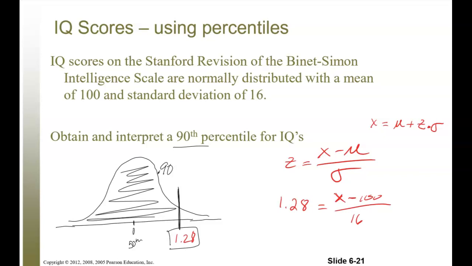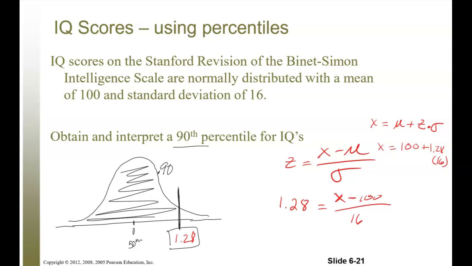Okay, it does not matter if you plug it into here. And then we would have what? 100 plus 1.28 times 16. And this formula makes sense because you're starting at your mean and you're adding 1.28 standard deviations.